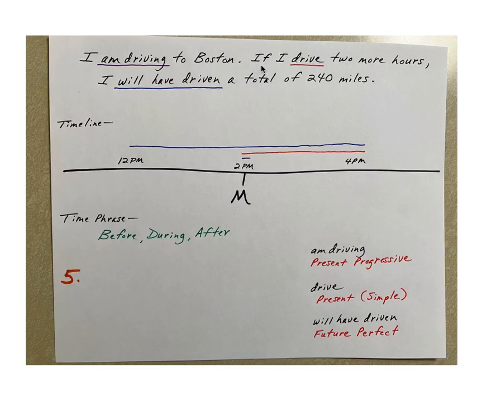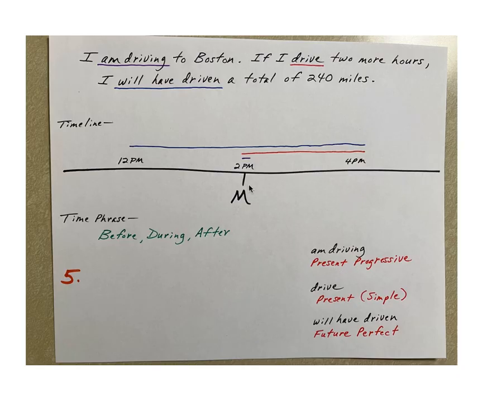Now, the subjunctive here, if I drive, that's the red line. If I drive 2 more hours, that's this part right here. Then you say, I will have driven. That means when it's everything said and done, you will have driven in total the blue line here. And here are your tenses in the traditional sense.